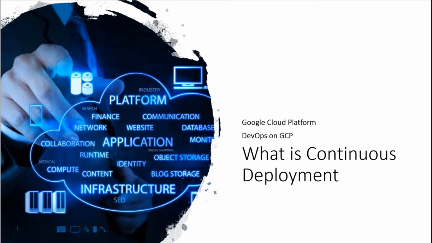Now, let's talk about continuous deployment. Continuous deployment is, of course, the next progression after continuous delivery. So what is the difference between continuous delivery and deployment? We know that continuous delivery is essentially where you build the software and then release it to production.